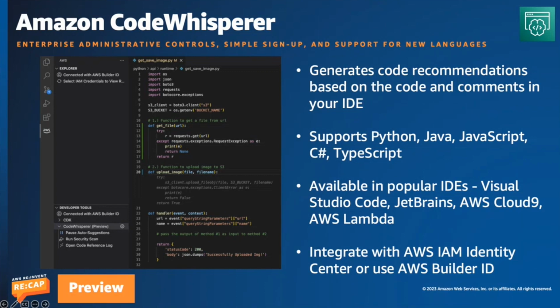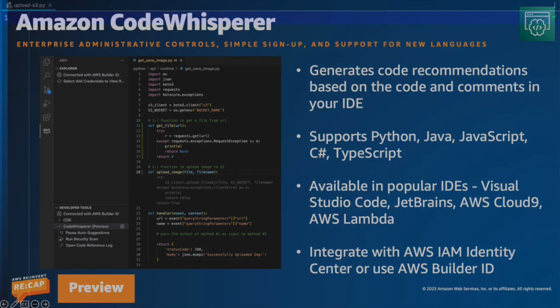So in other words, let's say, for example, you can see in this screenshot a Python code to upload a file into an Amazon S3 bucket, right? So I may just add a few comments, and then CodeWhisperer is going to identify what I'm trying to accomplish, come up with a recommendation, and then I may or may not accept, and I can continue developing.